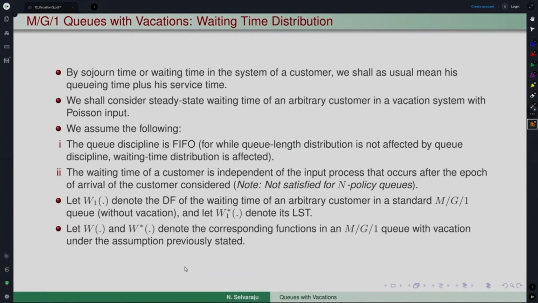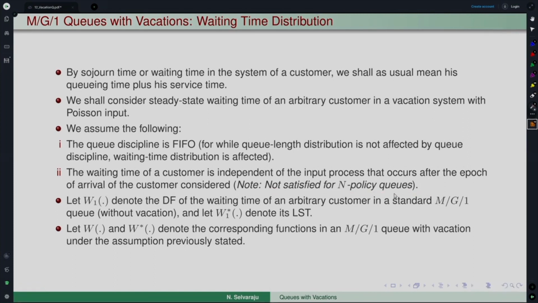We will also quickly see the waiting time distribution in this particular case. Basically, we are looking at the sojourn time, or waiting time in the system. We assume that the queue discipline is FIFO and the waiting time of a customer is independent of the input process that occurs after the epoch of arrival of the customer considered, which is not satisfied for an N policy queue.